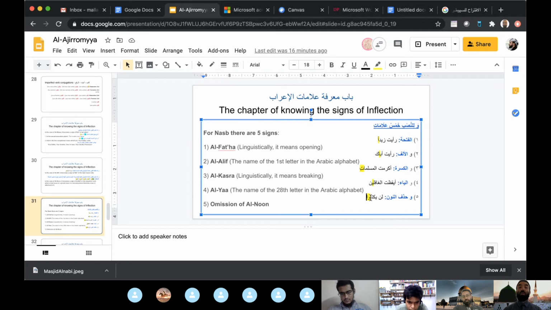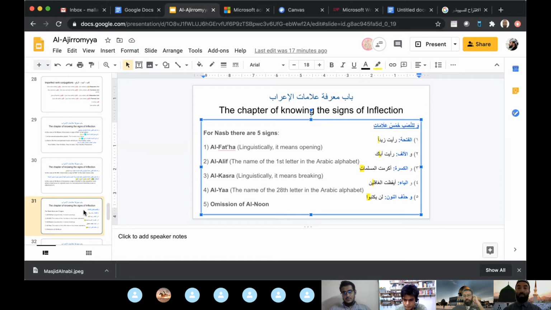Yaktubu is one of the 5 verbs that we mentioned previously, and as you can see, we have removed the noon. The removal of the noon is one of the signs of nasab. So we just mentioned the second inflection, nasab, and its 5 signs: al-fatha, al-alif, al-kasra, al-ya, and hadhf al-noon.